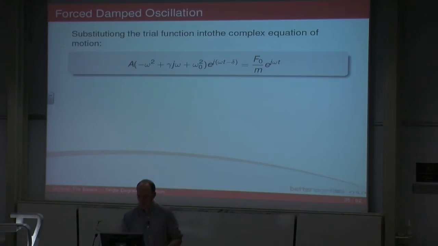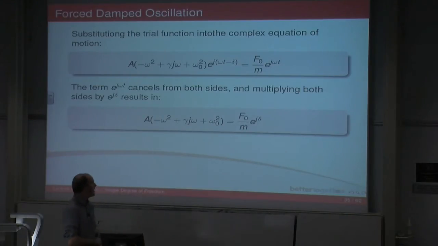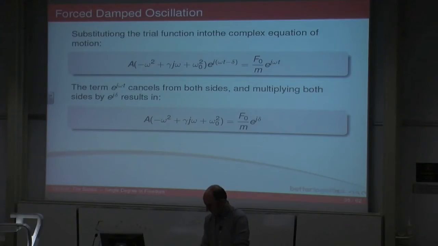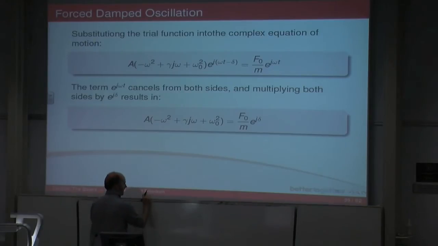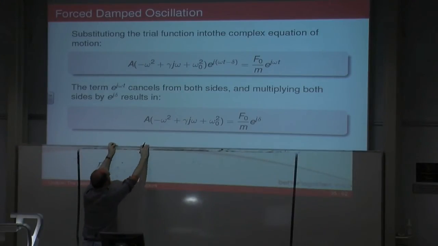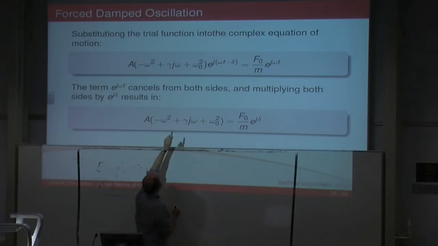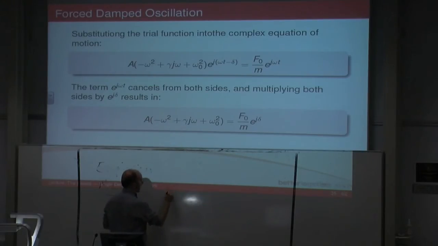Now what I'm going to do is multiply both sides by e to the j delta, since the e to the j omega t cancels. This makes sense if I just write it on the board. Why am I doing this? Well, on the left-hand side, we've got e to the j omega t minus delta.